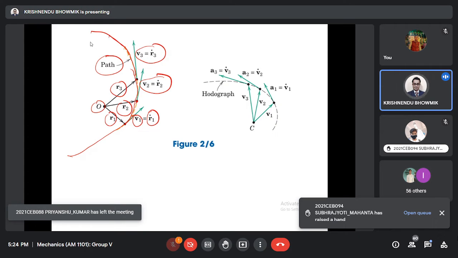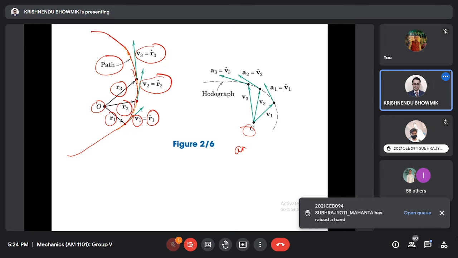Now, if somebody wants to consider one fixed point, any arbitrary reference point, C, through which you want to draw V1, V2, V3, both magnitude and direction wise, you take one arbitrary reference point, and from that point you draw V1, V2, and V3.